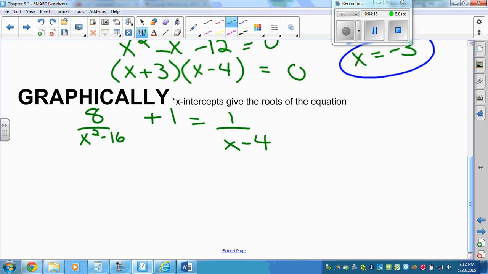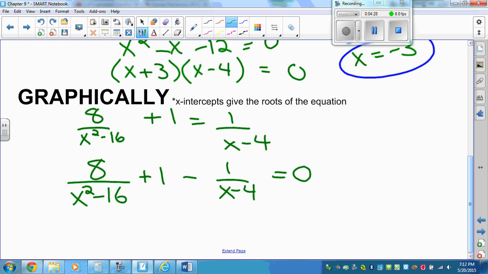I can bring one side over to be 0, and I get 8 over x squared minus 16 plus 1 minus 1 over x minus 4 equals 0. I can graph, and I can use x-intercepts. Okay, so that's the first strategy that I can do.